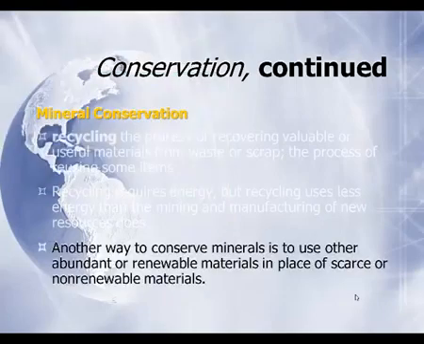Another way to conserve minerals is to use other abundant or renewable materials in place of scarce or non-renewable materials. So it's important for us to think about, is there an alternative material that I could use in place of the product that I am currently using that is maybe a non-renewable resource?